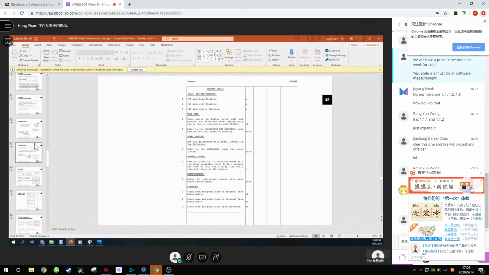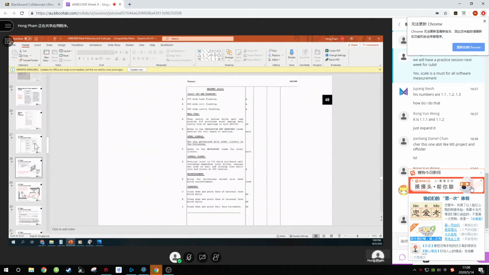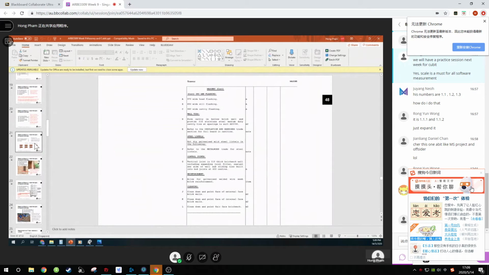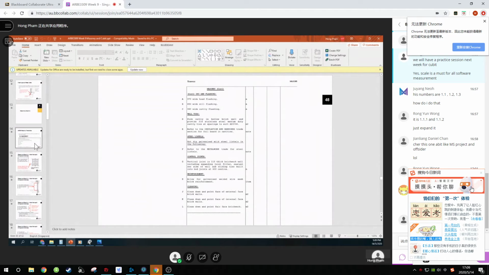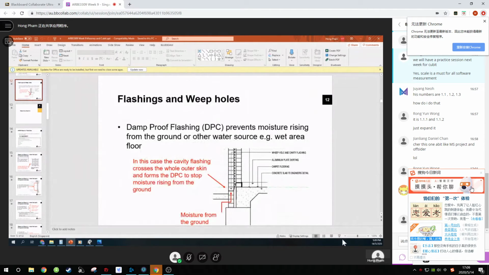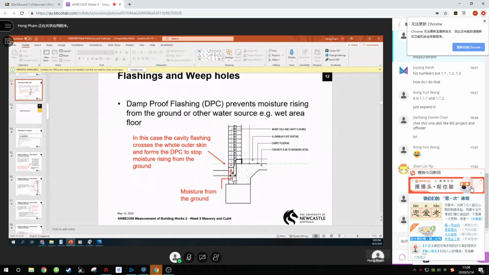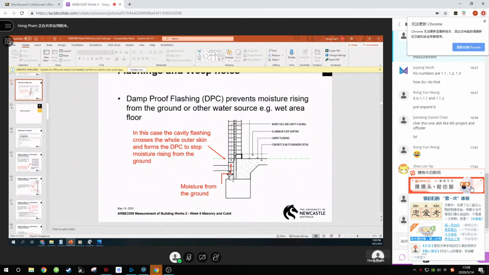Remember, in Australia, they're using load-bearing walls, so the brick wall is sitting on the footings. See, this is a footing, and this is the wall. They always have the footing, the wall sitting on the footing, and inside will be the slab.